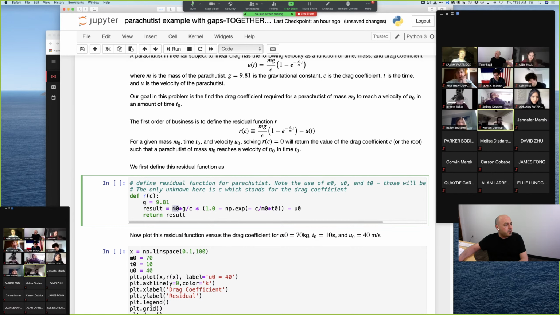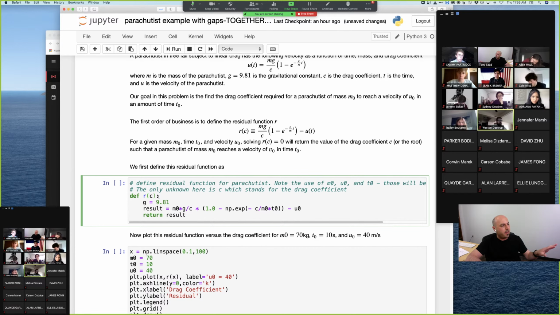Excuse me. And I put in specific values over here, m0 and t0, etc., because I don't want to pass those as arguments to the function. There's a reason behind that. It's because it complicates the implementation.